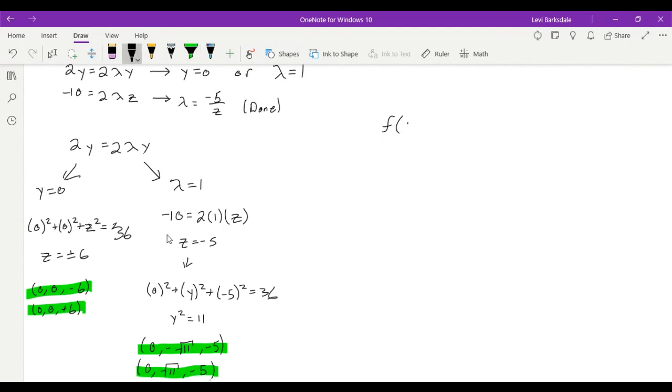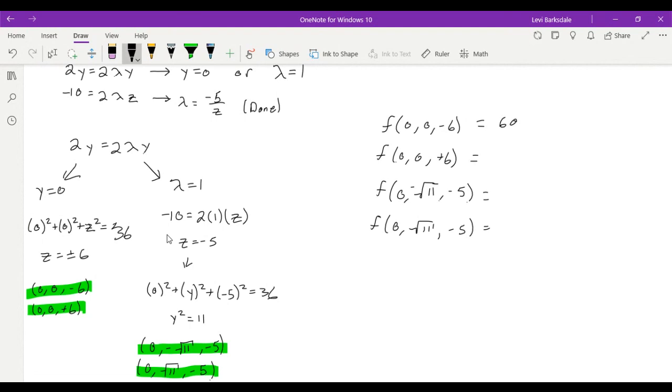So we can evaluate f of (0, 0, negative 6), f of (0, 0, positive 6), f of (0, negative square root 11, negative 5), and f of (0, positive square root 11, negative 5). Evaluating those 4 points, for (0, 0, negative 6) we get 60, and for (0, 0, positive 6) we get negative 60.